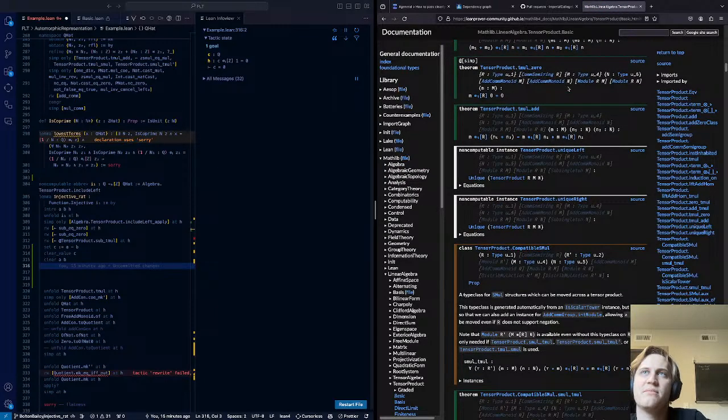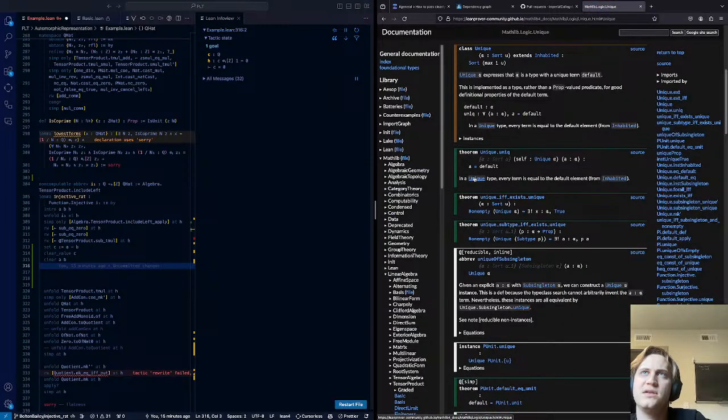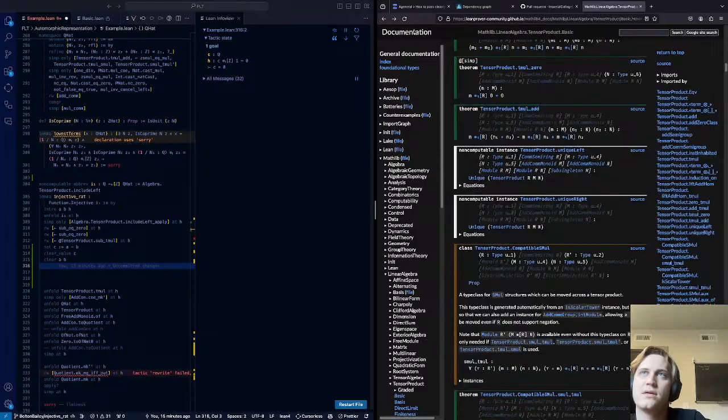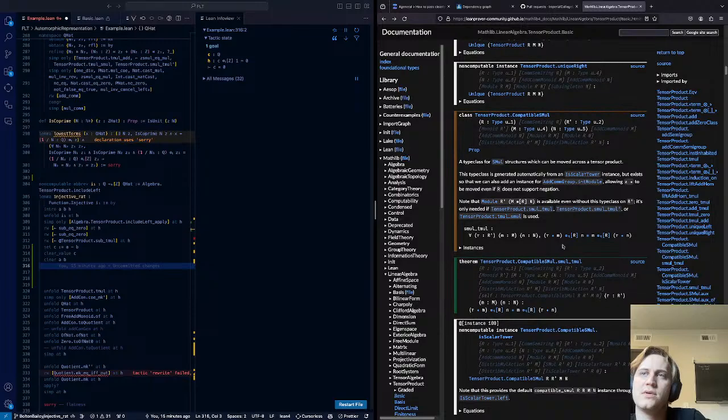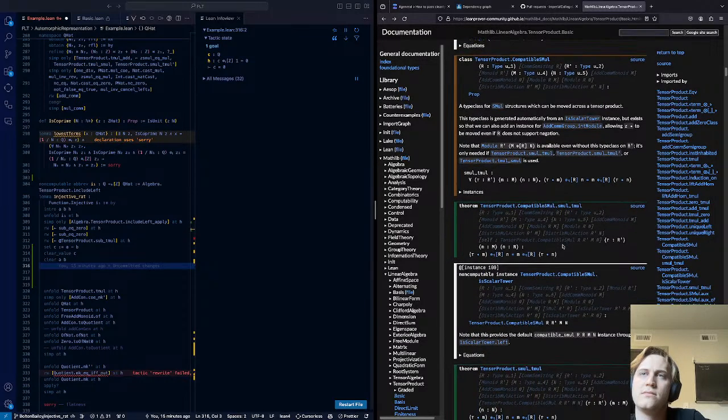Yeah, this is just some basic theorem that comes directly from that inductive. Unique. What is the unique type class? This is interesting, with a unique term default. Extends inhabited. Okay, interesting. Compatible SMul, SMul TMul.